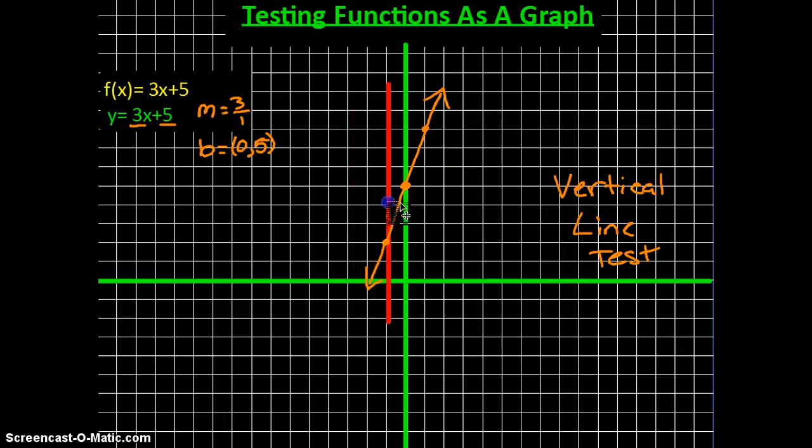As you notice, is there any place where my red line touches the orange line in 2 different spots? The answer here is no, it doesn't. It's only one spot. In this case, it would be right on the y-intercept, or simply up here at 1, 8. This would mean it is a function.